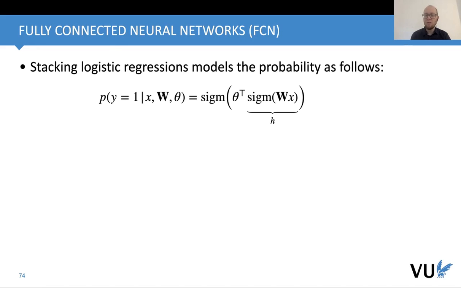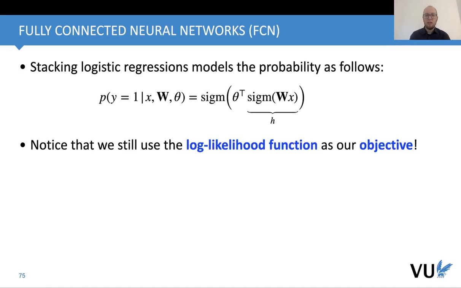So as you see, now we have something like stacking these probabilities together. But in the end, we are interested in predicting the probability of y, not something else, right? So again, we will just use the log likelihood function as our objective, because we can do that. It's again Bernoulli of y for a given probability. And this probability is now just a more complicated function, but still returning values between 0 and 1.